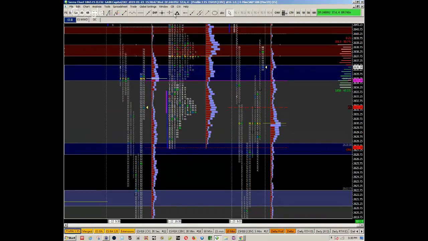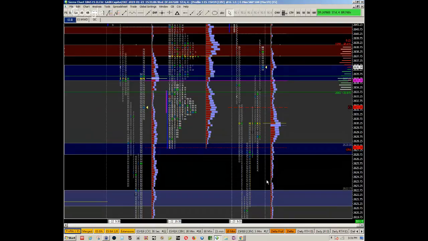I want to say right here: the J high, the pivot, and let's just leave the pivot line there. The J high, the pivot, the K high. Okay. Of course, it could come all the way down to the VPOC, but if it does that, I don't think that we're going to probably reverse and go all the way to the upside.